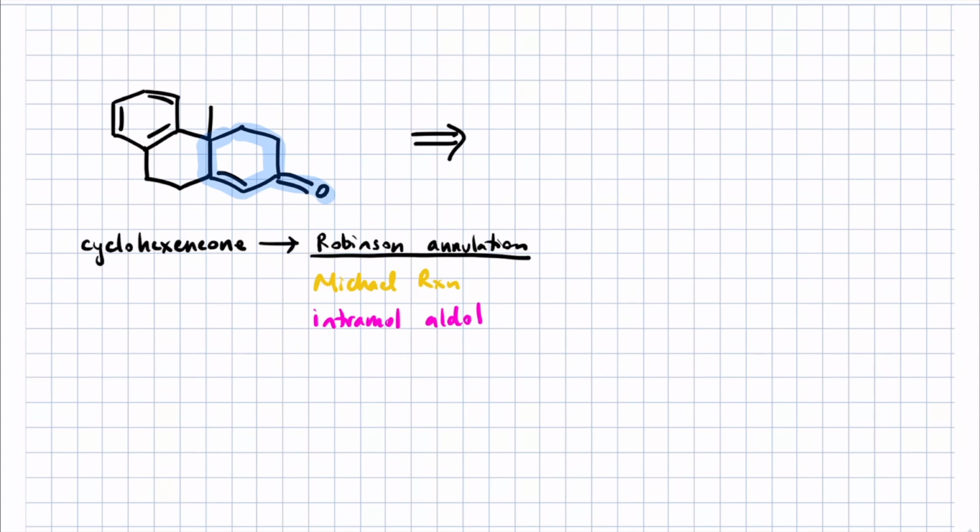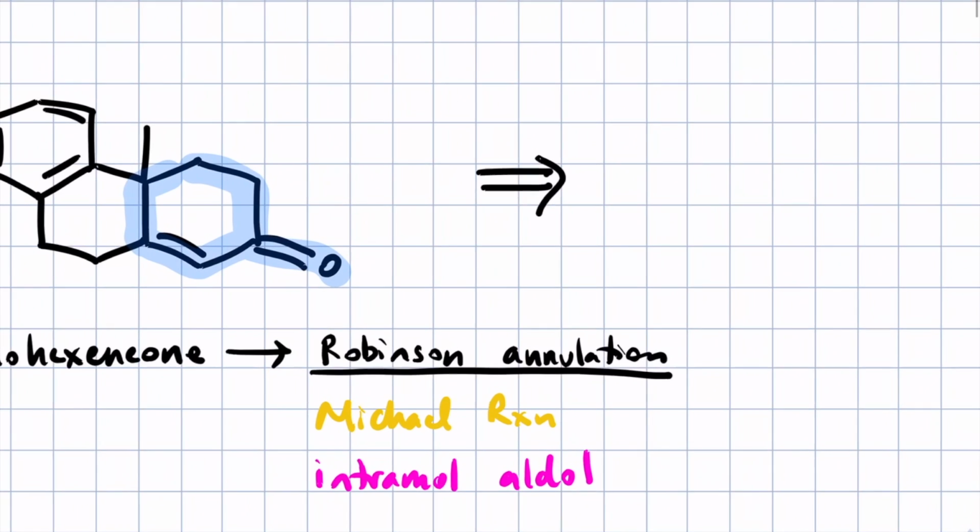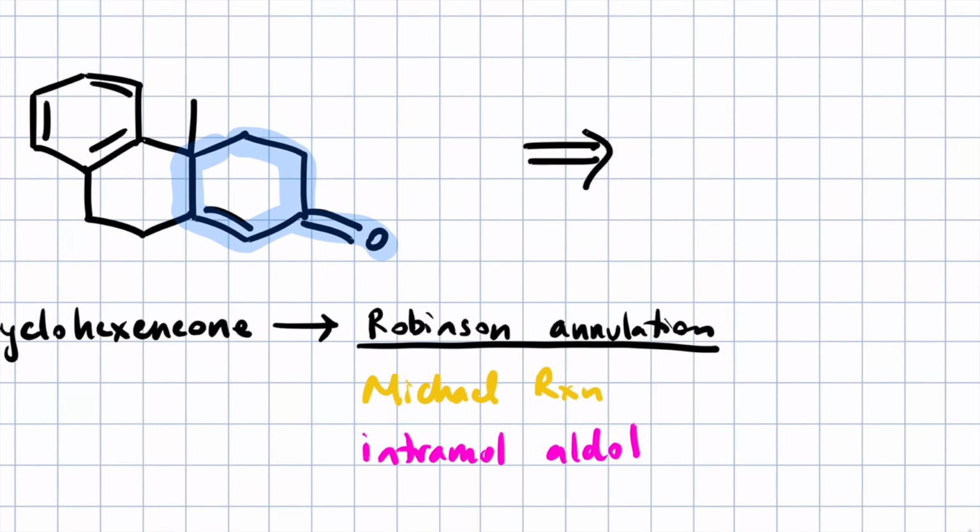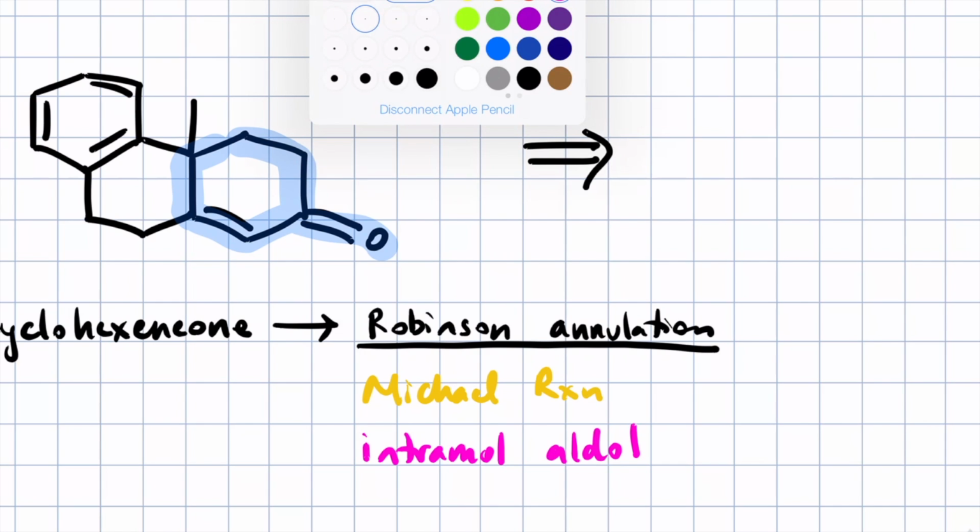At this stage, it can be helpful to label the carbons in this cyclohexenone ring in a way that will help us see what the starting materials for this product would have been.